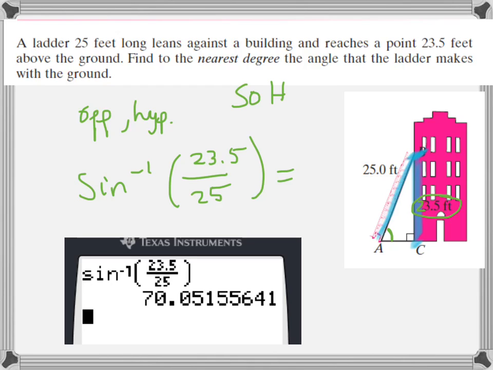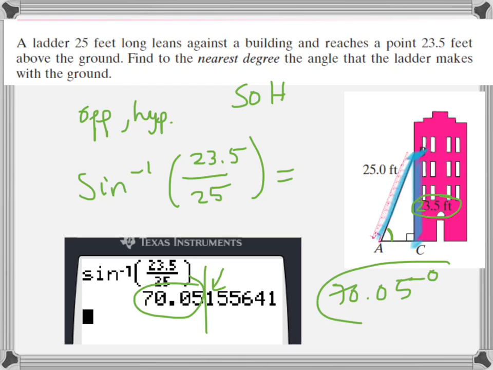When we do that, we get an angle of 70.05. So that's a 1 there, so that remains a 5. Oh, nope, that's not in feet, I'm sorry. This is an angle, so it is in degrees. And that answers that question.